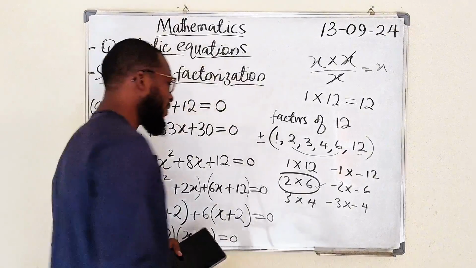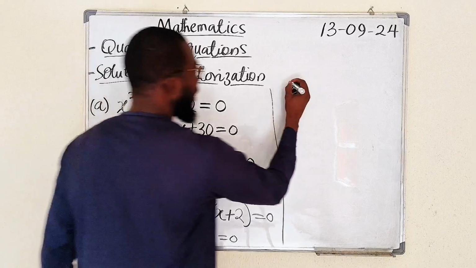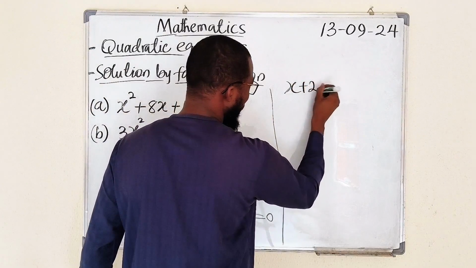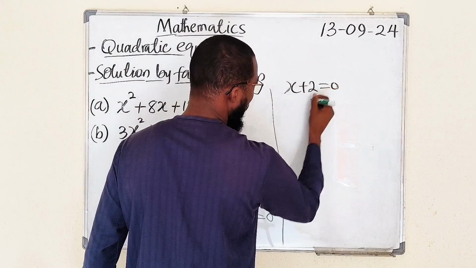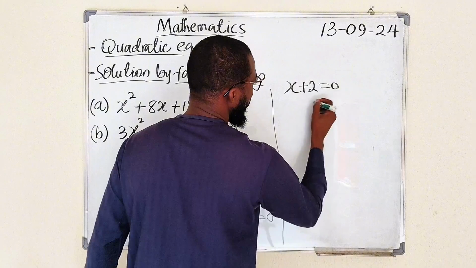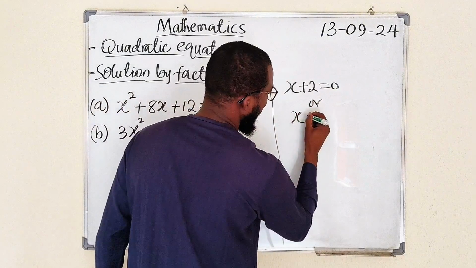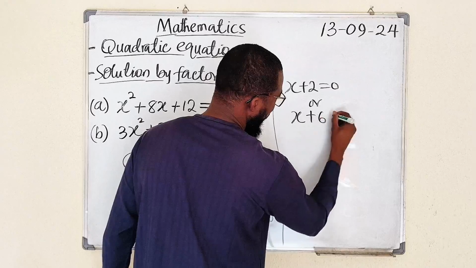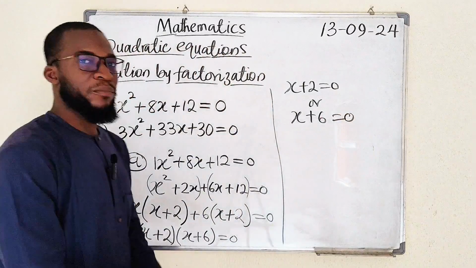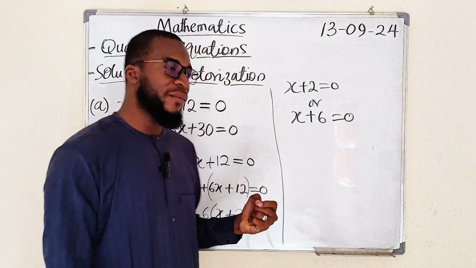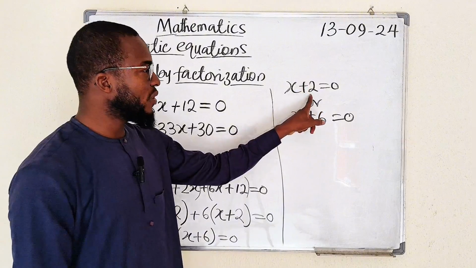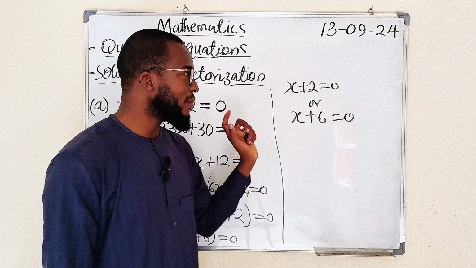So let's continue to the other side. It implies either x plus 2 equals 0, or this one, x plus 6, is equal to 0. And remember, our main goal is to find the value of x. If you take positive 2 to the other side, it becomes negative.